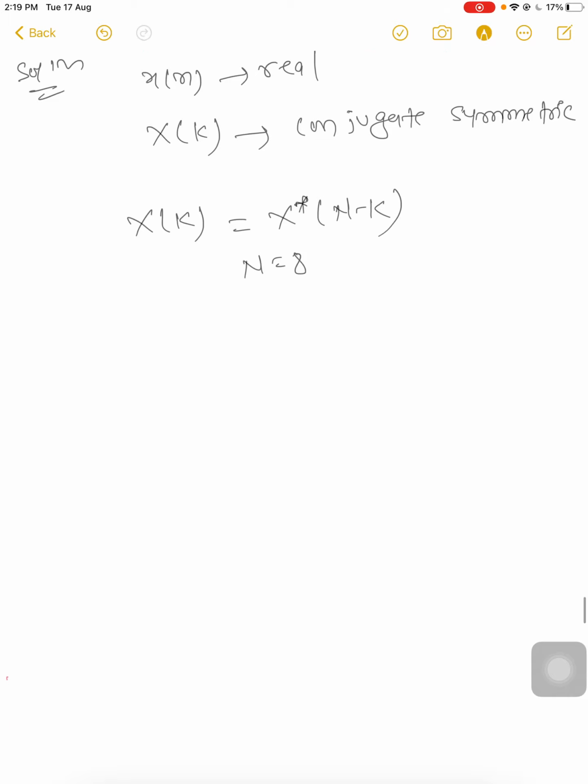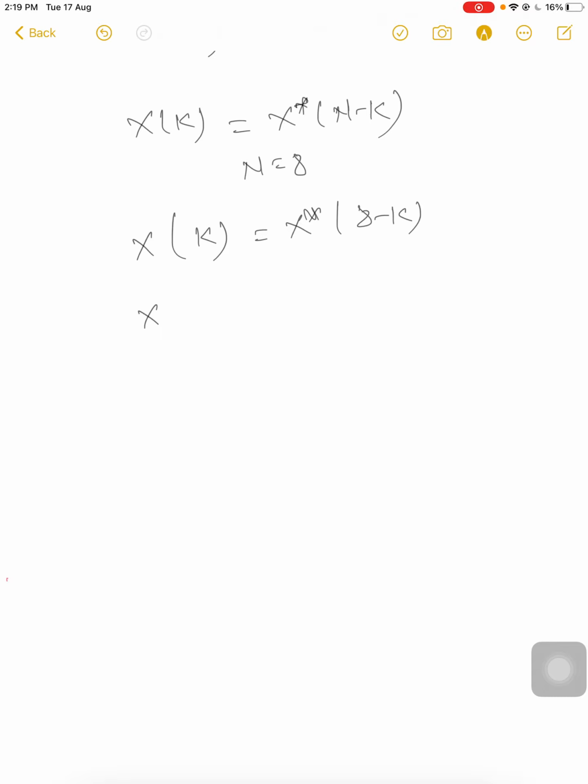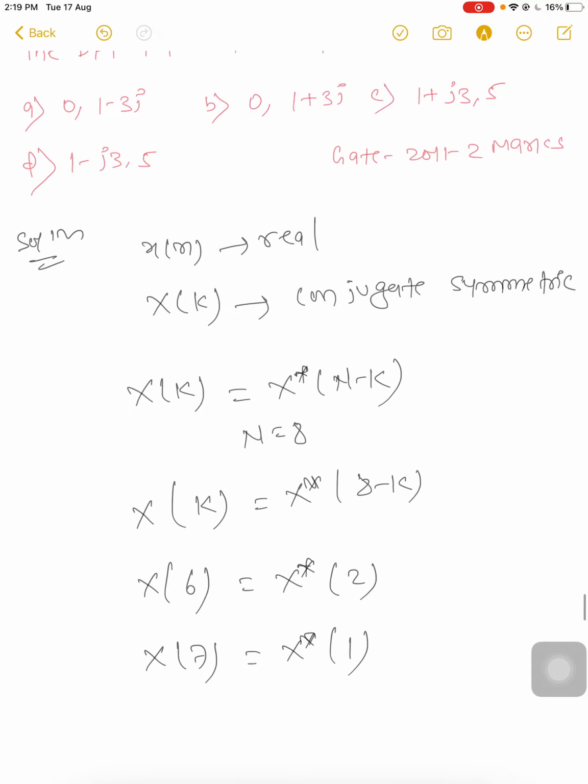If N is equal to 8, then Xk will be the complex conjugate of X(8 minus k). Now put it in. We already have 6 points, which means we have sample values 0 to 5. At 0 to 5 we have to find out 6, which means the complex conjugate of X2, and X7 will be the last one, the complex conjugate of X1.